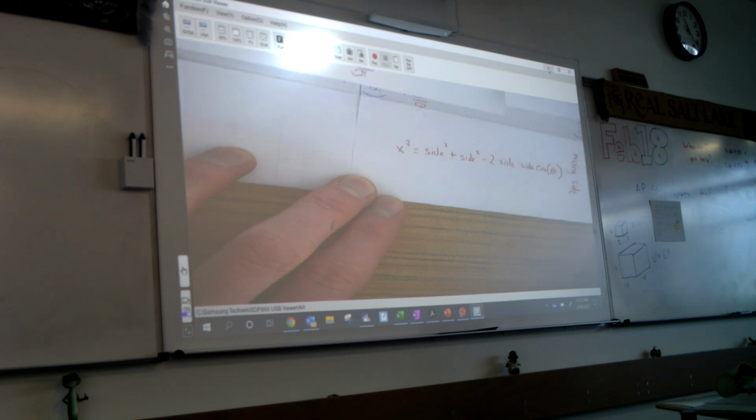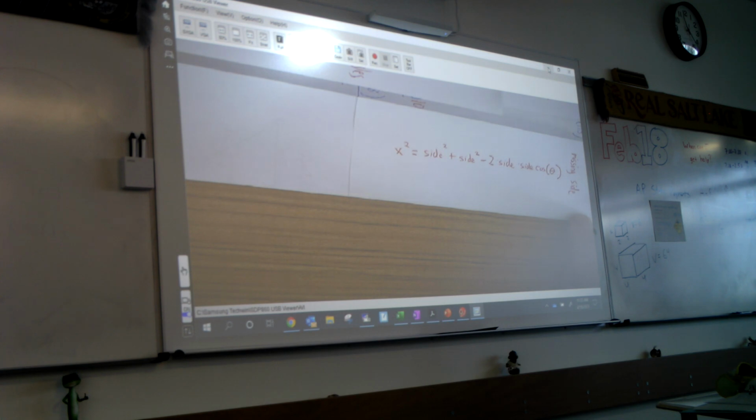So I'll write it like that. Now that takes up a lot of space. That's why I had to go sideways, or I would have run out of space. I just need 2 sides and the angle between them. Or 3 sides. You didn't have to write that down, but if you want to, good.